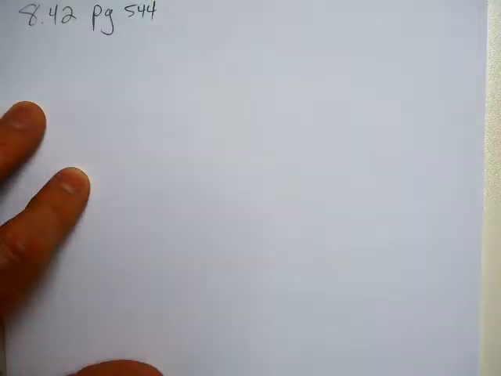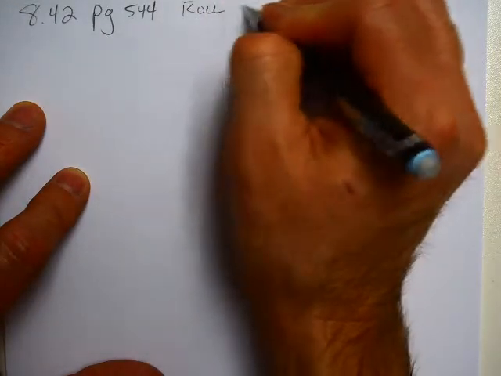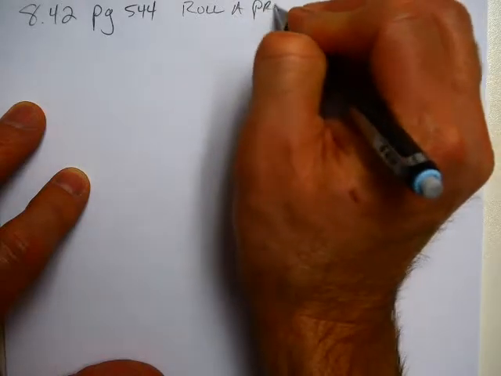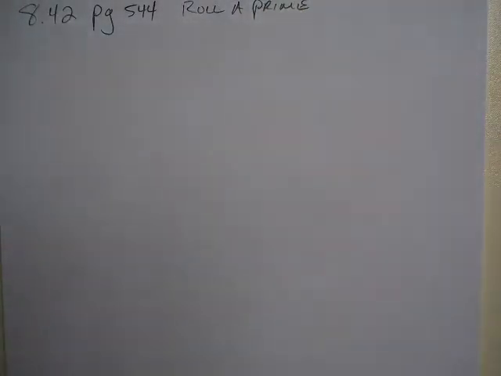I don't know that you necessarily need to look at the problem. It's dealing with rolling a prime number. And when we say roll, we're talking about a die. So what are the prime numbers on a die?